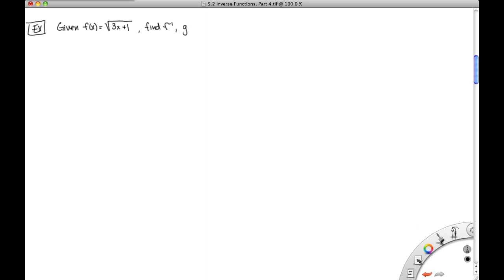We're going to graph both together. And lastly, we're going to want to identify the domain and range of both.